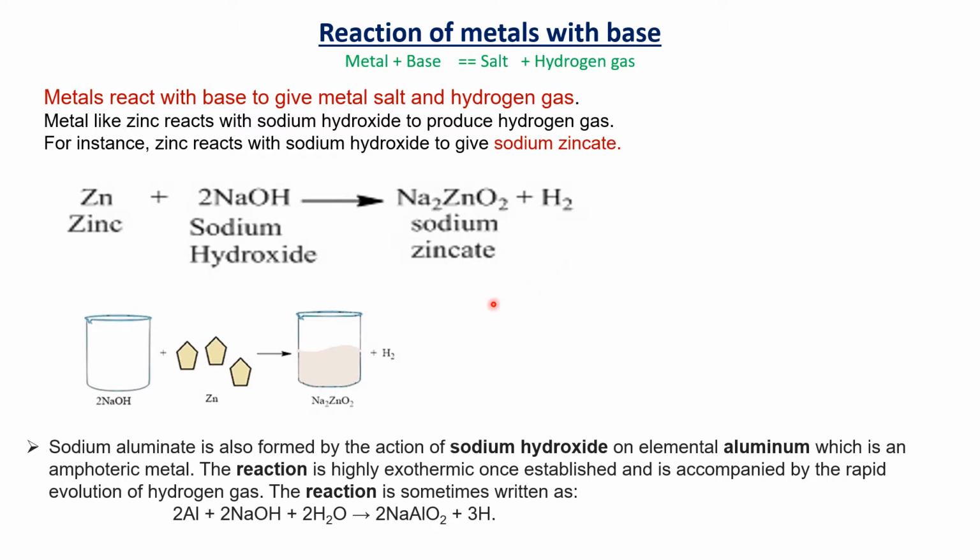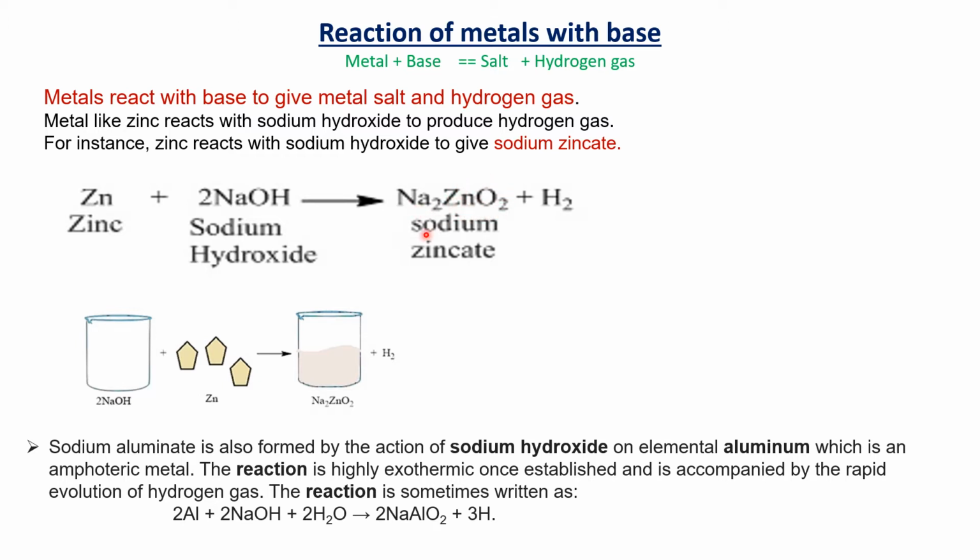So let's see the reaction first. Zinc plus sodium hydroxide. Sodium hydroxide is a base, zinc is a metal, so metal reacting with base gives us salt. Which salt is this? It's sodium zincate, Na2ZnO2, where ZnO2 is a radical.